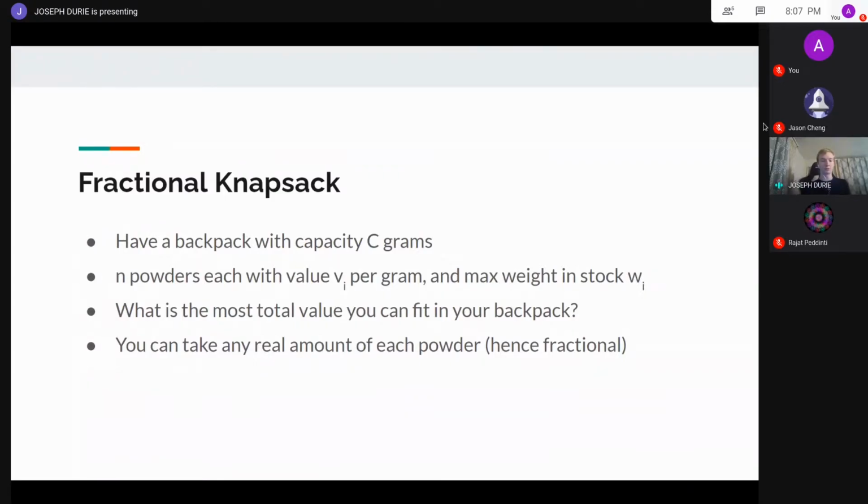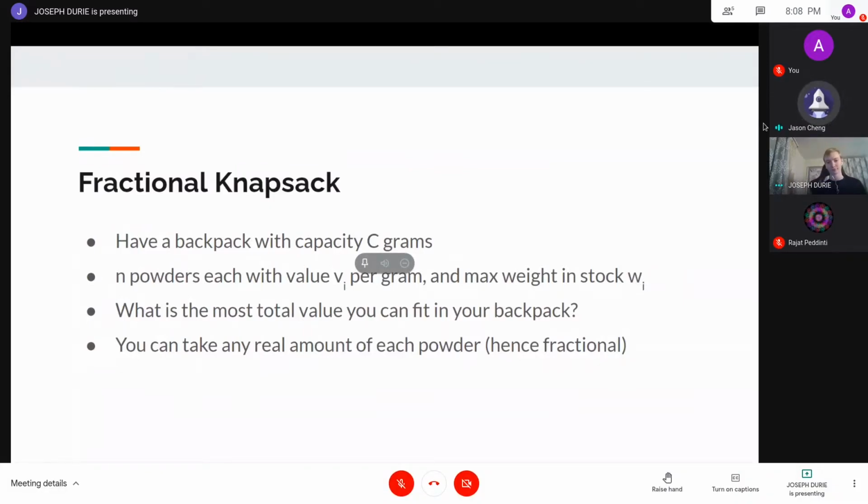If you want to do a greedy solution that makes sense here, what would be one of the most natural things you could do? You want to take the most valuable powder per 1 gram and keep maximizing that. And then after you finish taking that, you get the next best value per gram.